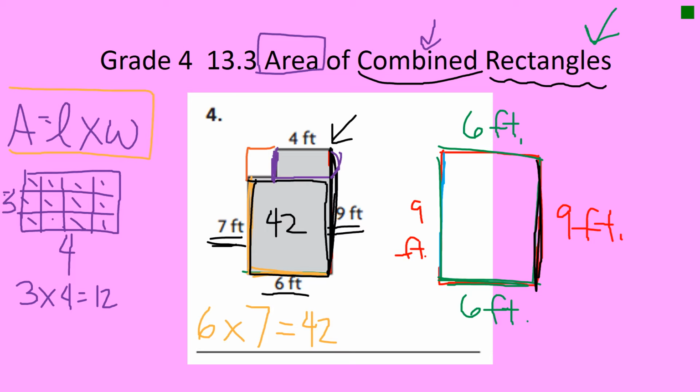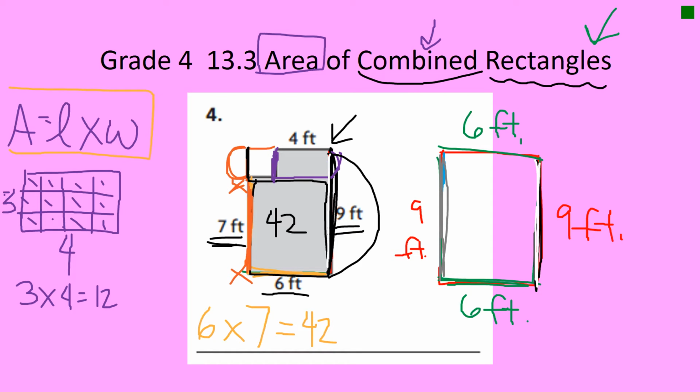If 7 feet is from here to here, how much longer does this side have to be to make 9 feet? Look back over here at this rectangle. This is 9 feet, so this is 9 feet, right?